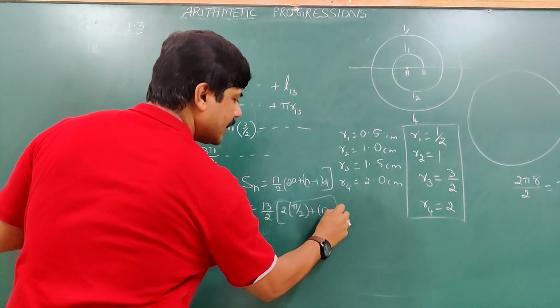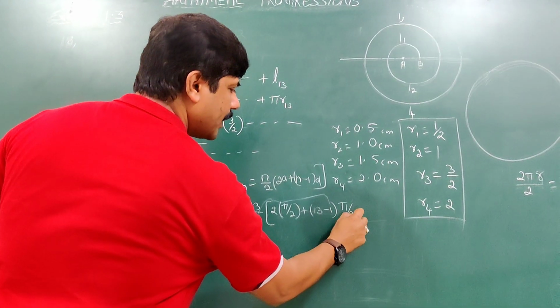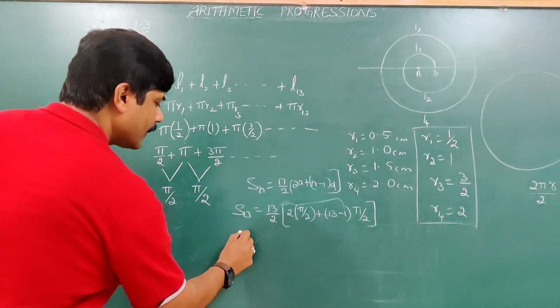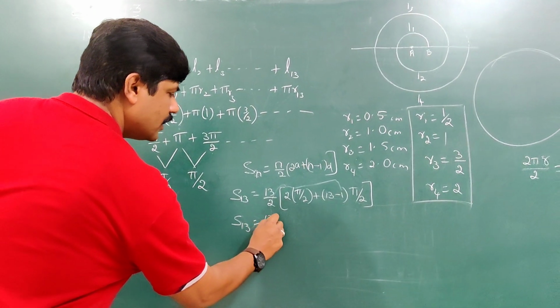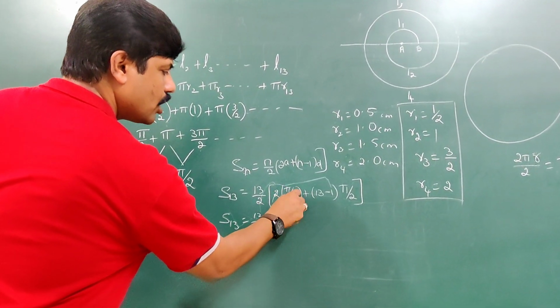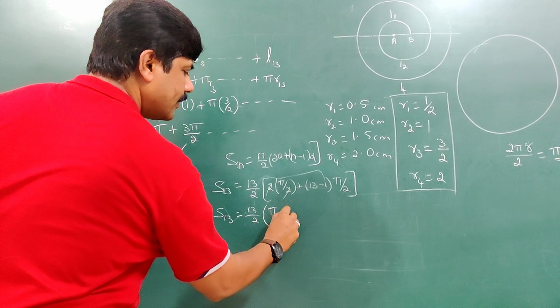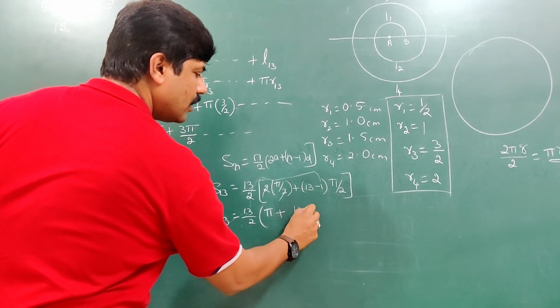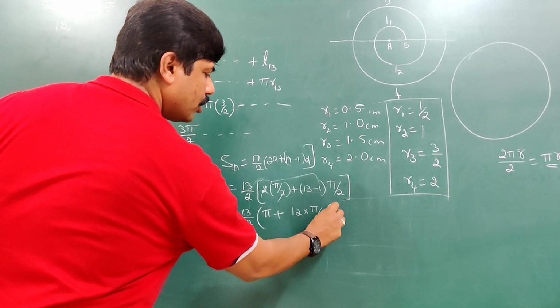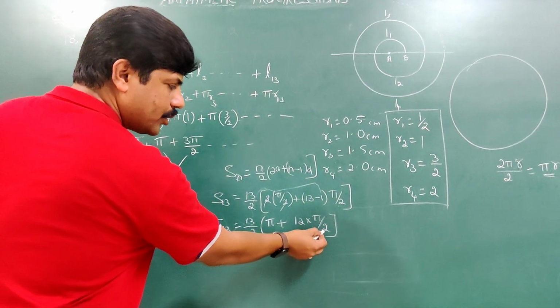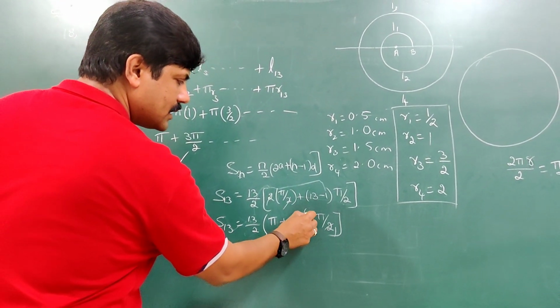Plus 13 minus 1 into what is d? Pi by 2. Keeping 13 as it is, 13 by 2, the 2 gets cancelled, pi maintained, plus 13 minus 1 is 12 into pi by 2. 12 in the numerator, 2 in the denominator, 2 six times is 12.